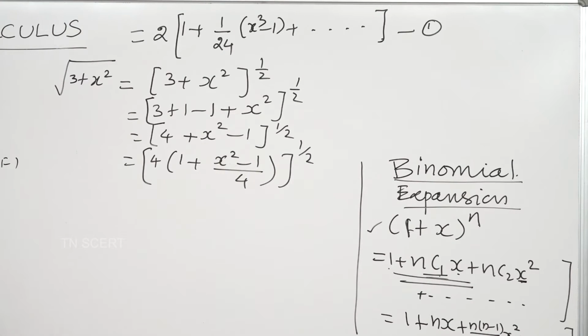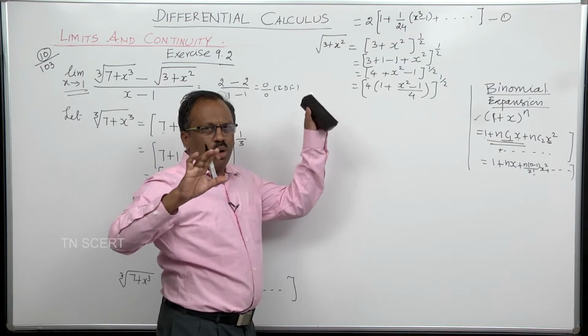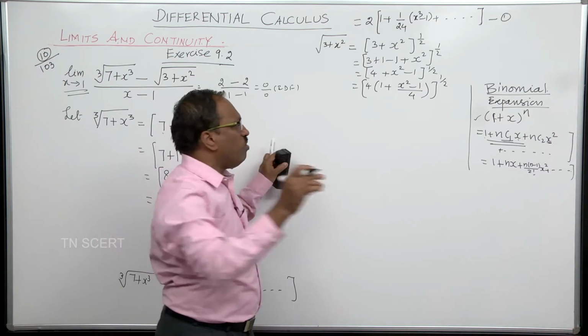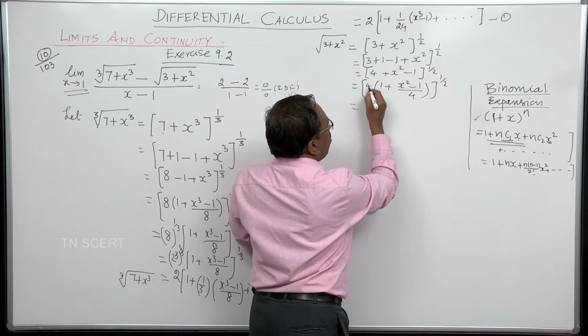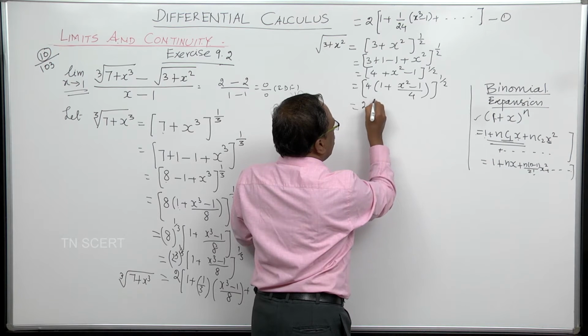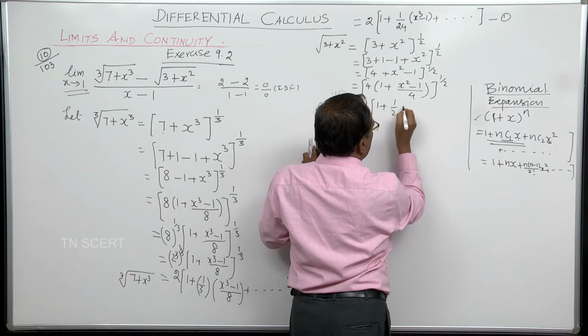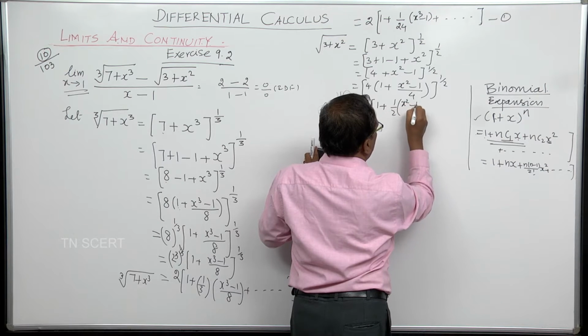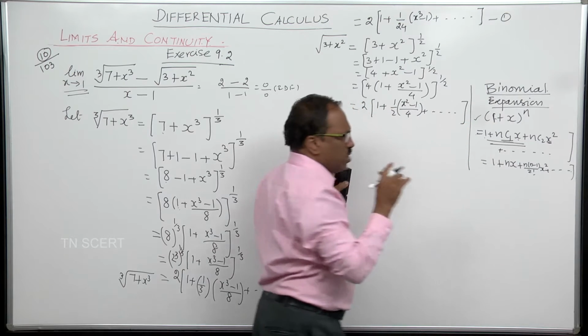Like how we have done at this stage, the same way, but I am going to write straight away the formula applying the binomial expansion. 4 power 1 by 2 is 2, bracket 1 plus n is 1 by 2, bracket x square minus 1 by 4 plus dot dot dot higher terms, I am just leaving.